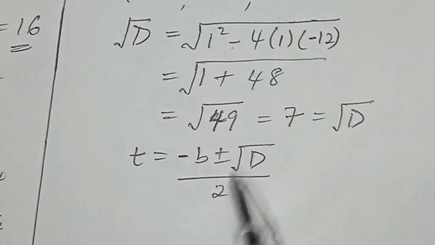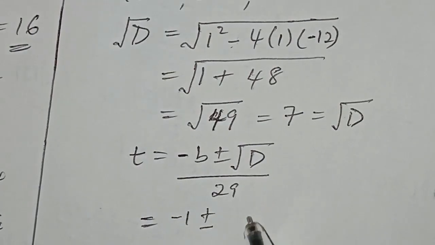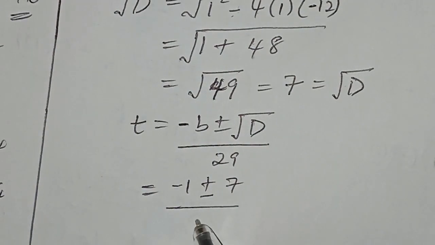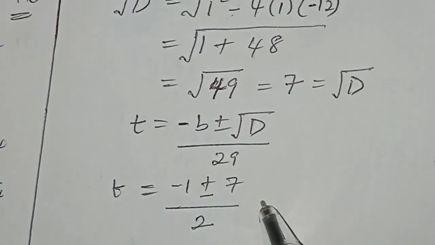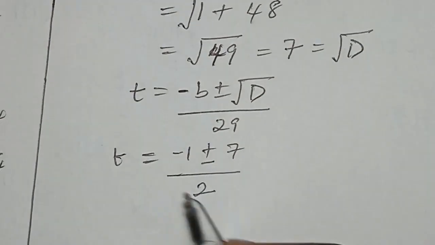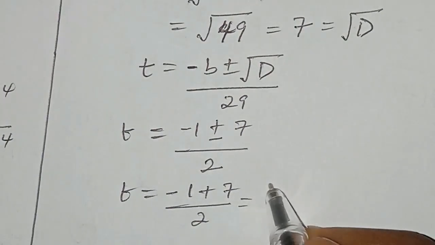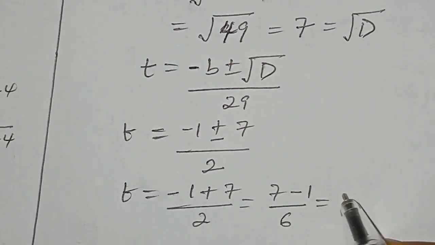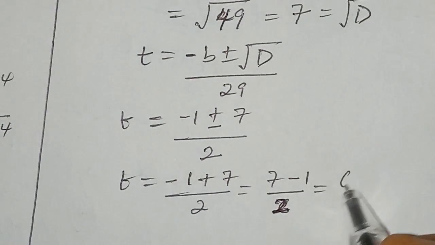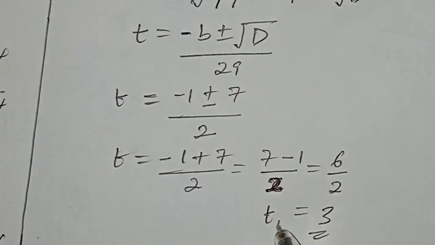We have b to be minus 1, then plus or minus the discriminant, which is given by 7, over 2 times a, that is 2 times 1, which is 2. So t is equal to minus 1 plus 7 over 2, which is 6 over 2. And this is equal to 3 for the first value of t, that will be t1.